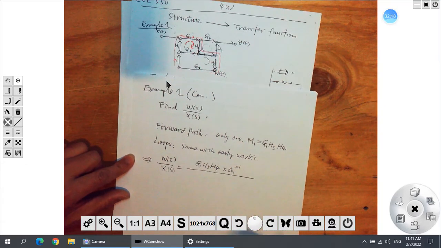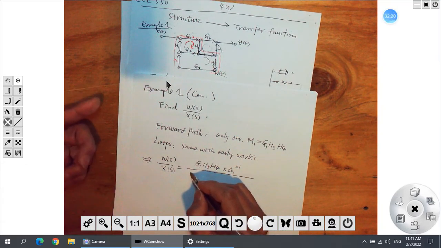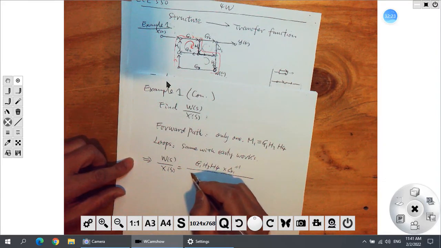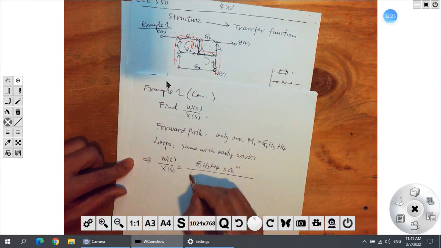The denominator is actually the same as in the previous case, the y case. It is 1 minus the loops.